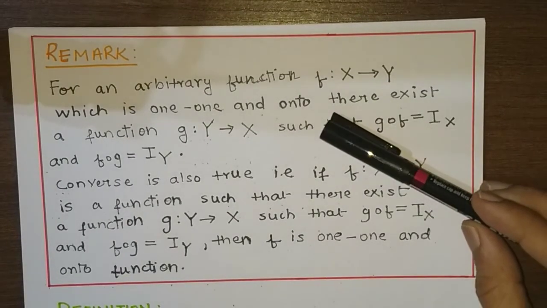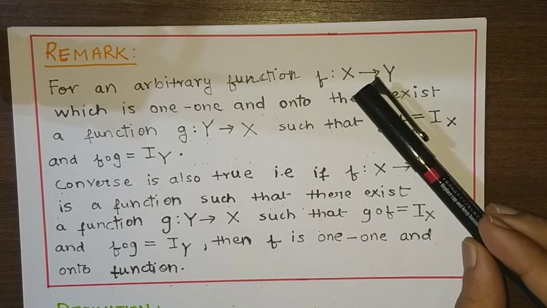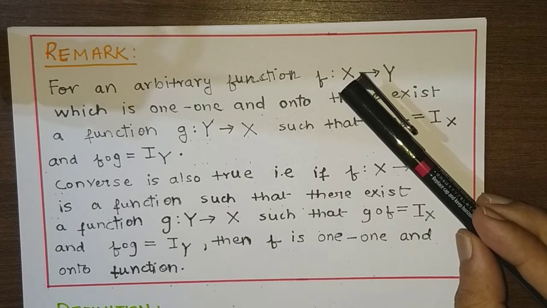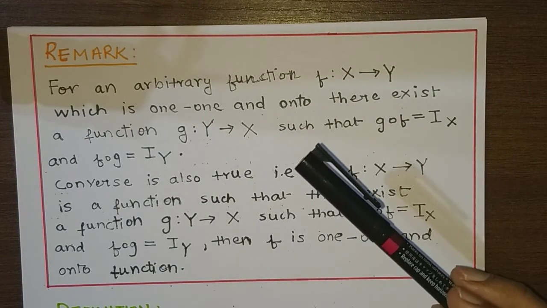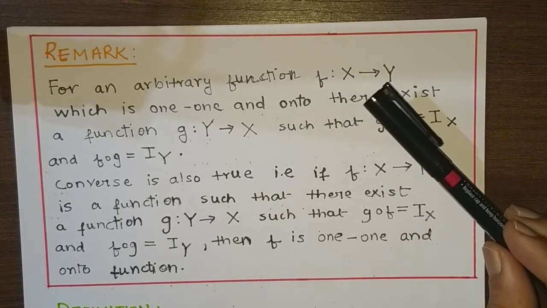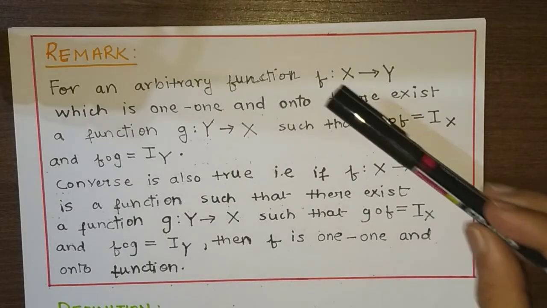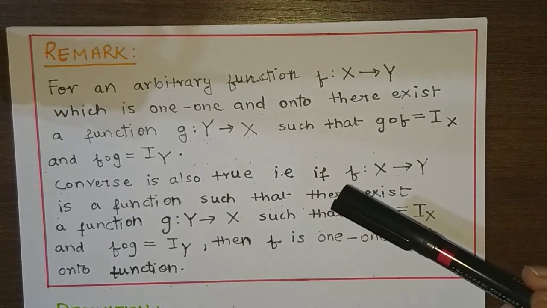So in the previous example you had a function f which was from a set 1, 2, 3 to the set a, b, c. Now the function f, although we had not proven, but the function f was 1 1 as well as onto.